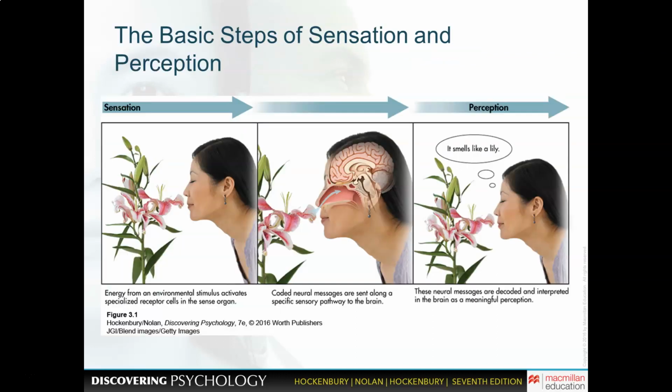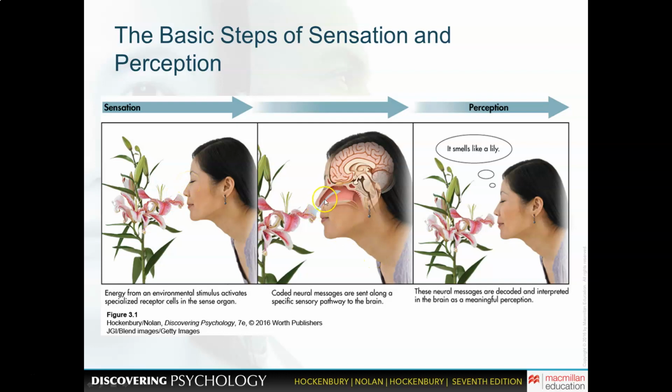So here are the basic steps of sensation and perception. Very quickly, step one is when someone senses. Take, for instance, this woman who is just sensing. Her receptor cells in her olfactory senses are taking in the information from the flower.